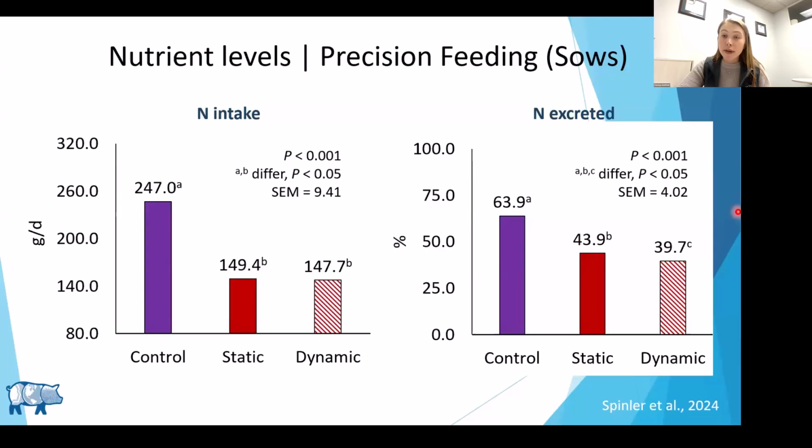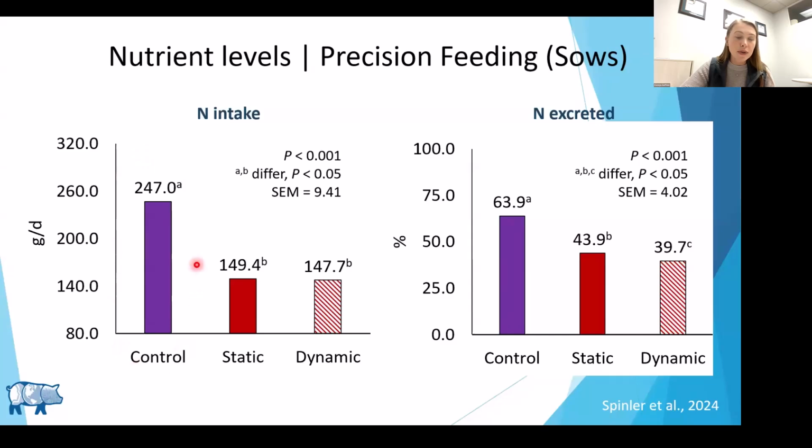Now, we don't only see that in growing finishing pigs, we can also see that in sows. Another student here, as part of our Kansas State swine nutrition team, PhD student Michaela Spindler, conducted a similar study, again looking at phase feeding.